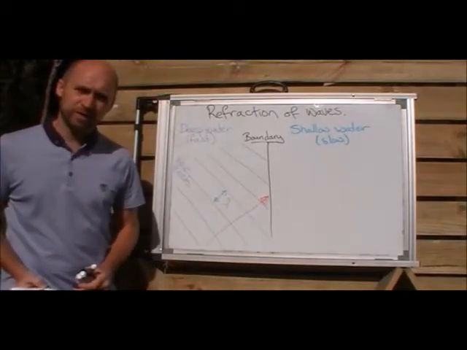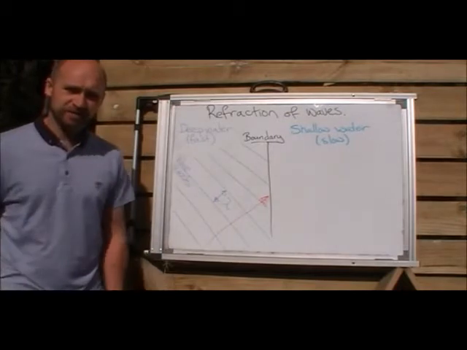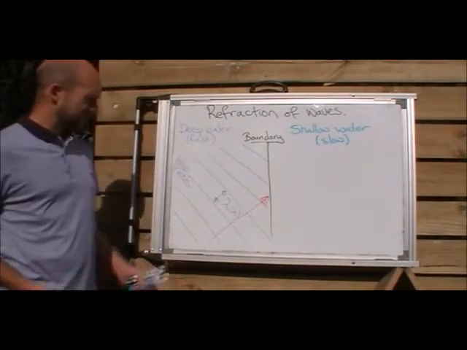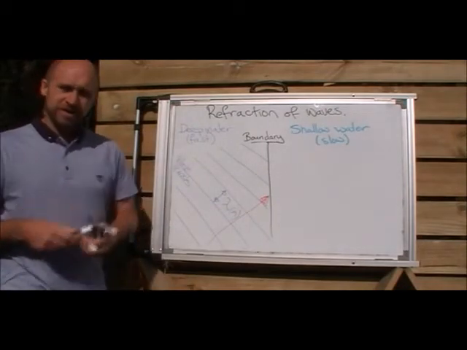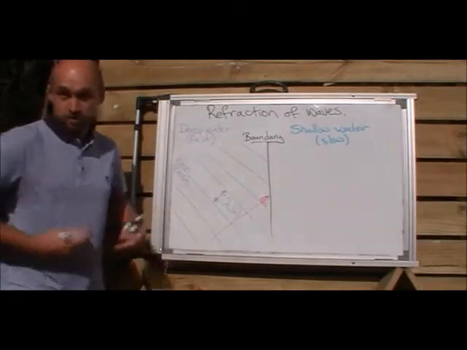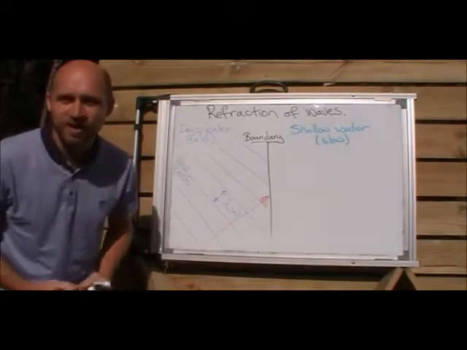We use the symbol lambda for that. So this is the wavelength in the first medium, lambda 1, measured in meters. And the red arrow is the direction of wave travel, the wave direction travel arrow.